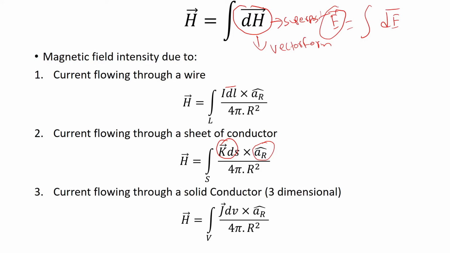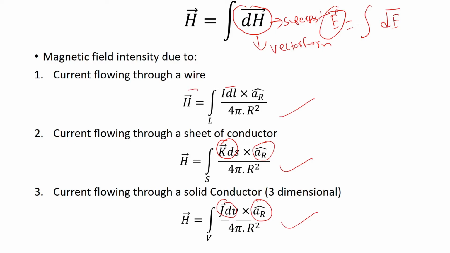Similarly, for a cable or a solid conductor, it is the volume current density, volume current element, three-dimensional current element crossed with the vector joining the current element to the given point and volume integral. So these are three different ways to find out the magnetic field intensities because of three different setups.